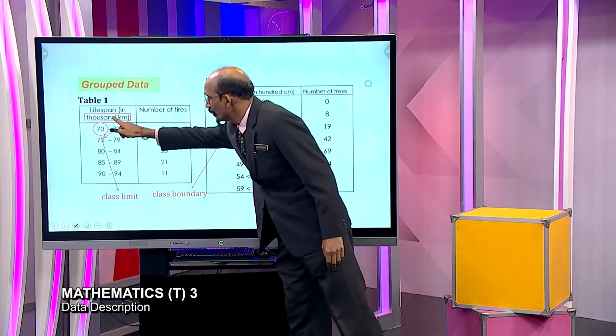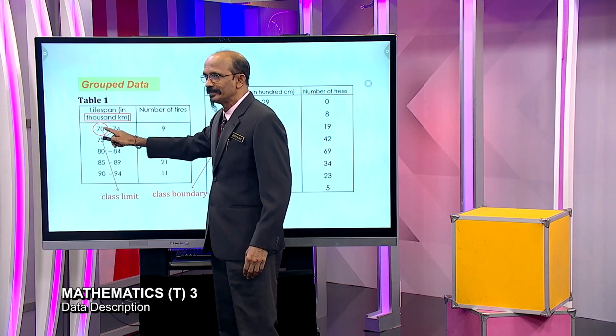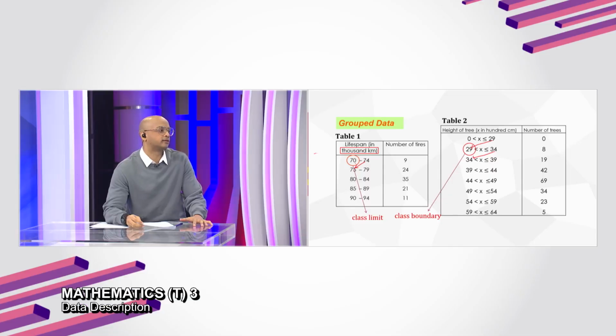If you notice here, you can see 1,000. Students usually assume this as 70, but it is actually 70,000.